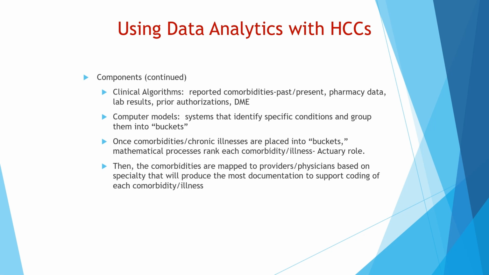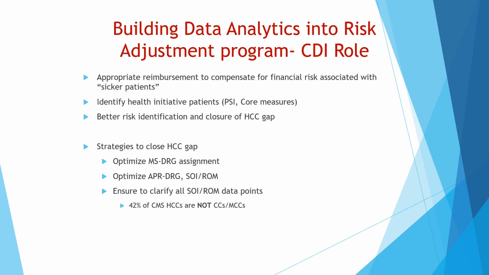Once comorbidities/chronic illnesses are placed into buckets, mathematical processes rank each comorbidity/illness, actuary role. 5. Then, the comorbidities are mapped to providers/physicians based on specialty that will produce the most documentation to support coding of each comorbidity/illness. Building data analytics into risk adjustment program, CDI role.